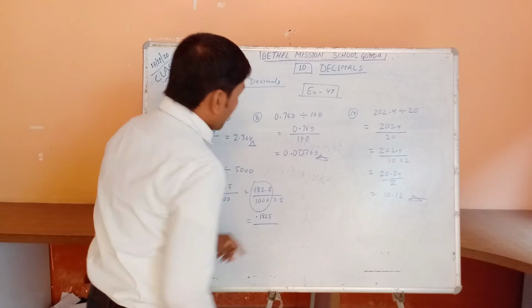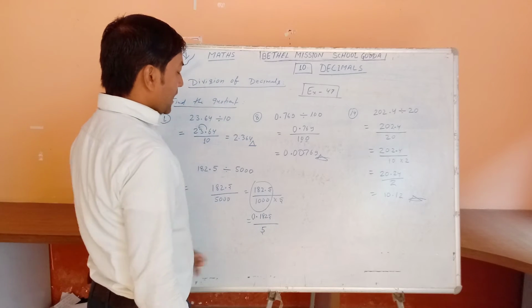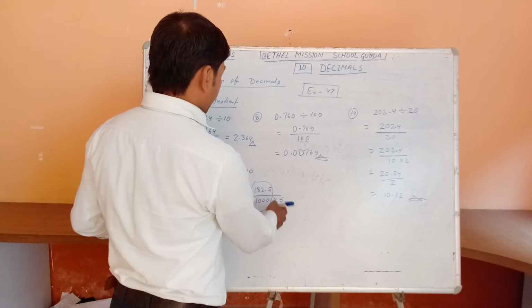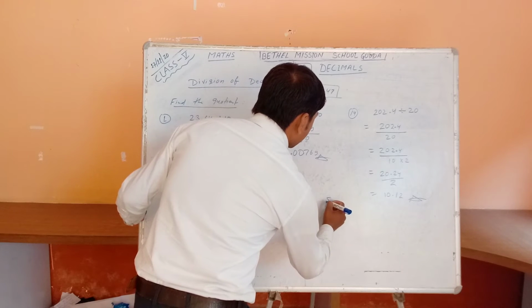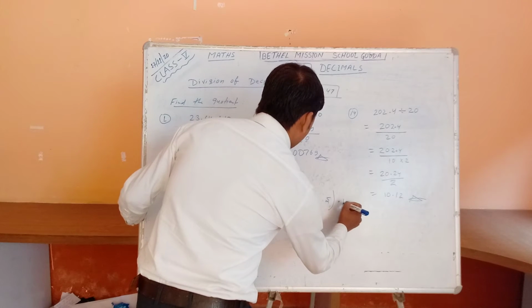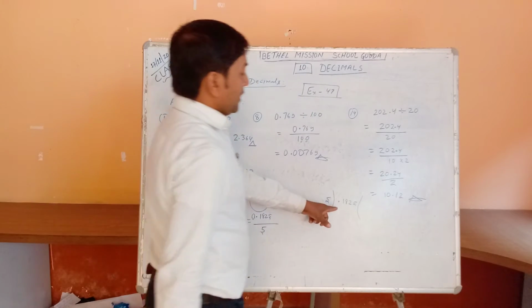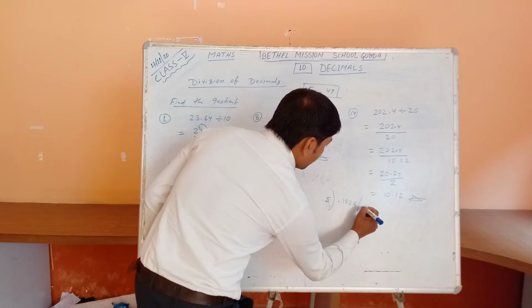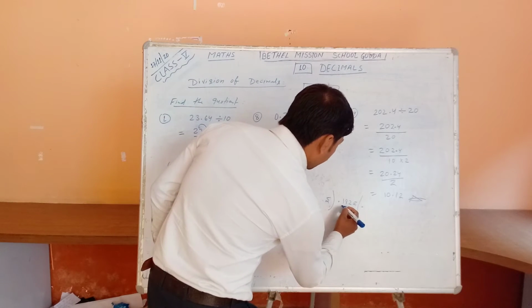Okay, and now by 5 we can divide this one. Divide 0.1825 by 5. So first write the decimal, and then take 1.